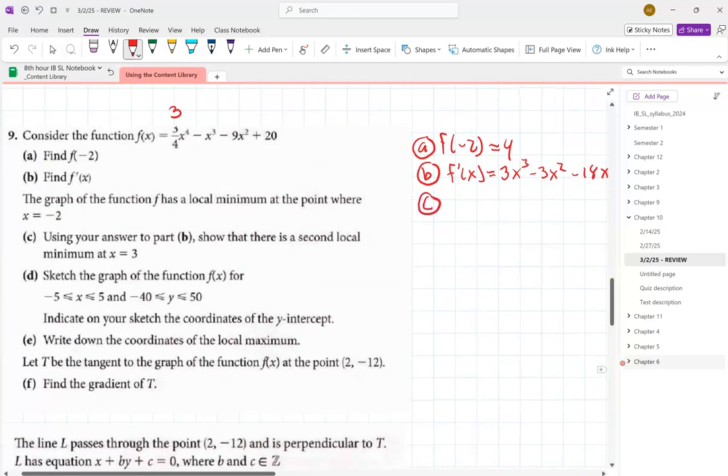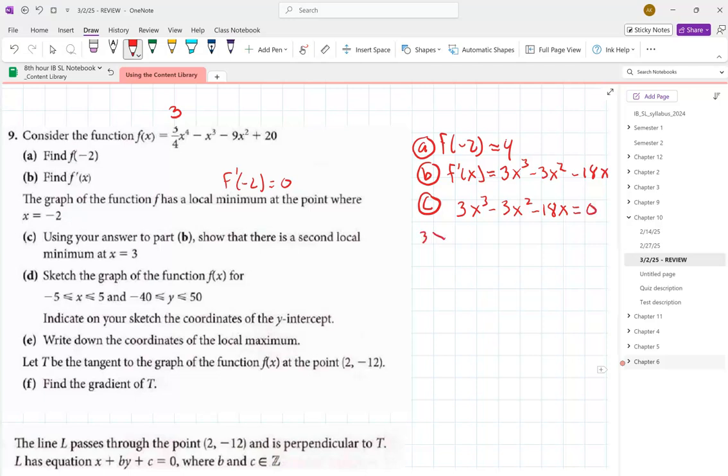It then says the graph of the function f has a local minimum at the point where x is equal to -2. So we know that is true, right? Using your answer to part B, show that there is a second local minimum at x equals 3. So what I would do is set this equal to 0.